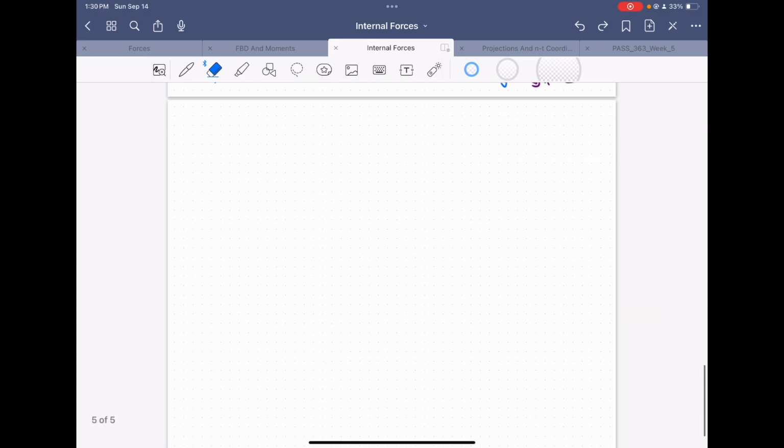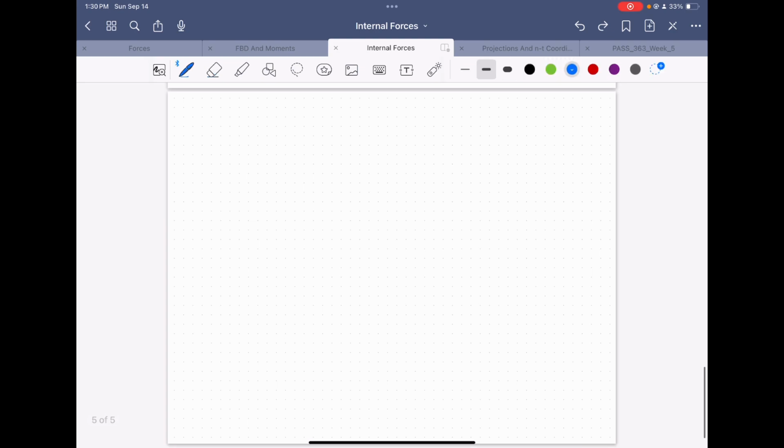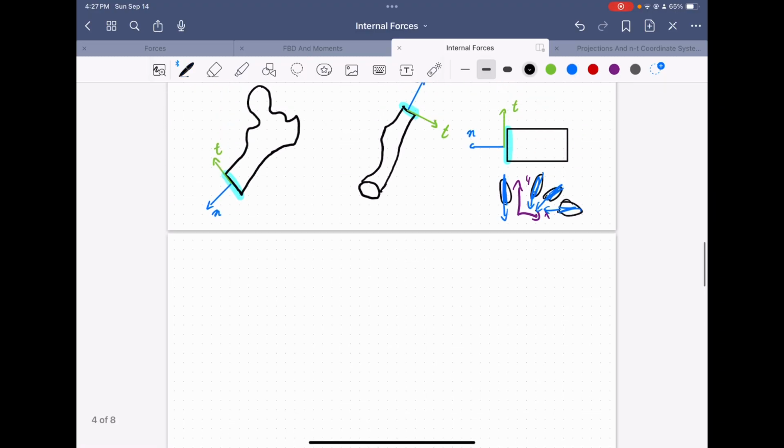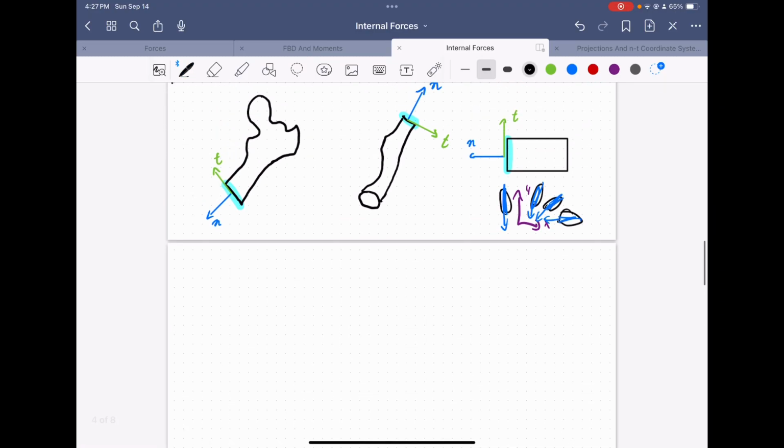Now, the last thing we have is projections. But before I go into projections, I just realized I needed to add in some NT examples where they are not completely flat across.